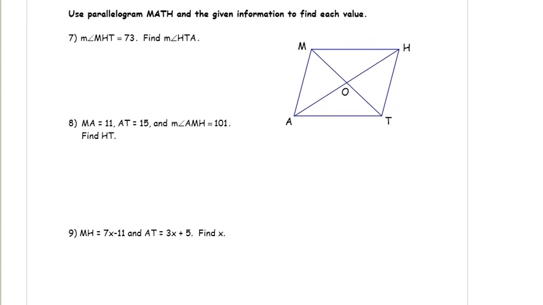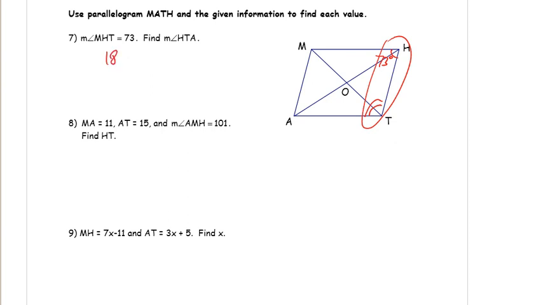Use parallelogram math, speaking of, and the given information to find each value. MHT is 73. See if I can mark this correctly. MHT is 73 degrees. Find HTA. Well, HTA is down here, so we'll look at it like this. We know that those two angles together should add up to 180.